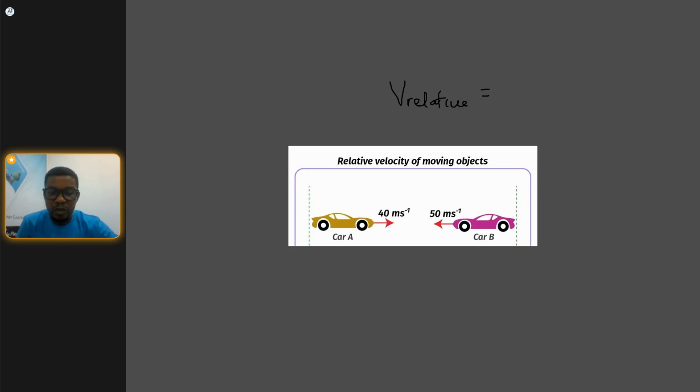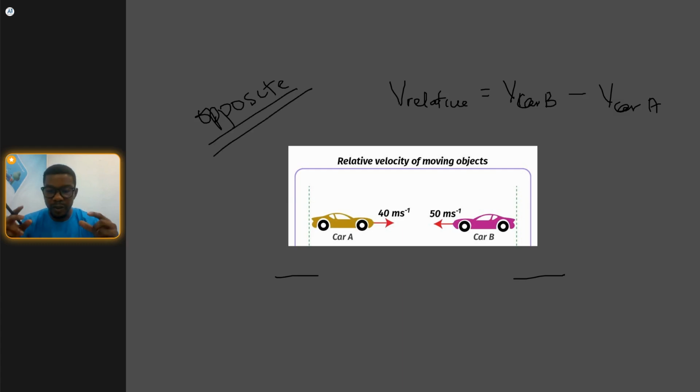If we are going to consider the relative velocity of the vehicle labeled as B to that of the vehicle labeled as A, that's going to be the velocity of car B minus the velocity of car A. And we are taking the subtraction of both bodies because they are moving in opposite direction.